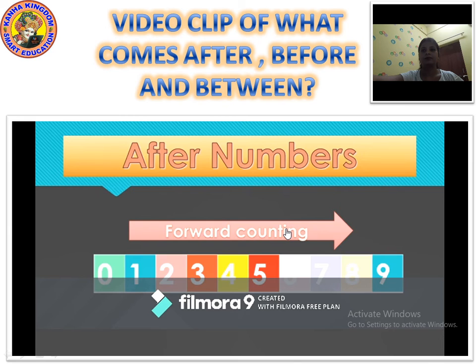Which number comes after 3? Yes, 4. Which number comes after 4? Yes, 5. Which number comes after 5? Yes, 6. Like this way, when we count the numbers in forward direction, then we get the after numbers.